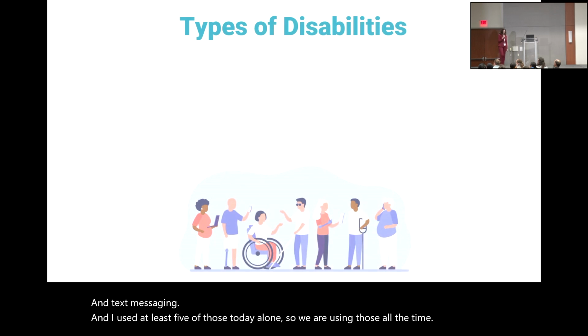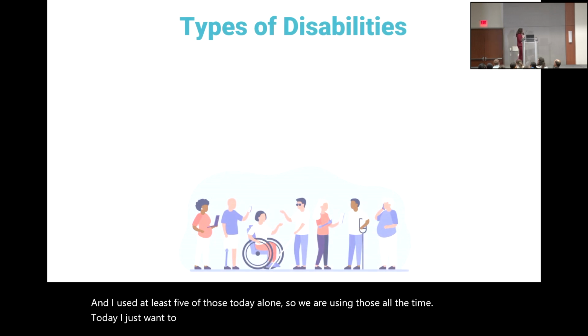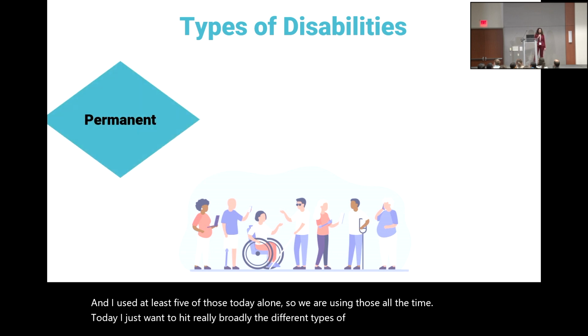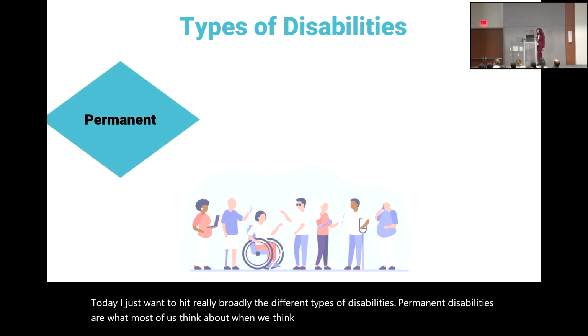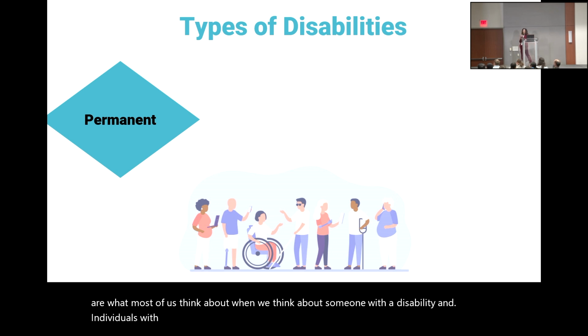Today, I just want to hit really broadly the different types of disabilities. Permanent disabilities are what most of us think about when we think about someone with a disability. And individuals with permanent disabilities make up the largest minority group in the world.